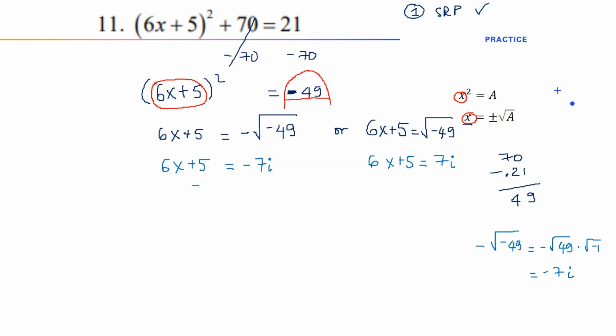Okay, now we isolate x by subtracting 5 from both sides. 6x equals minus 5 minus 7i.